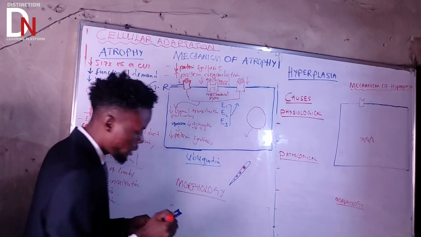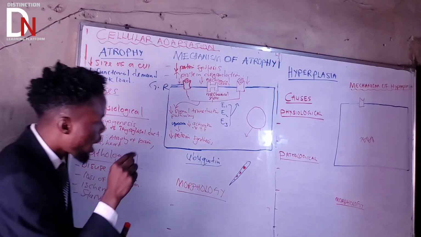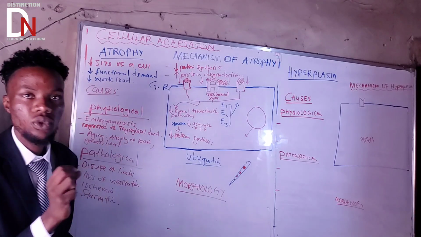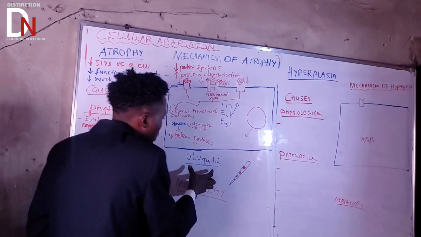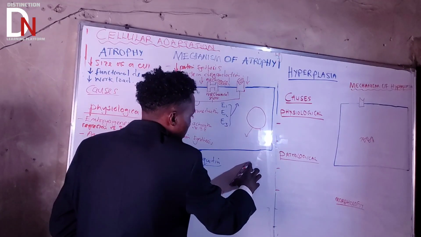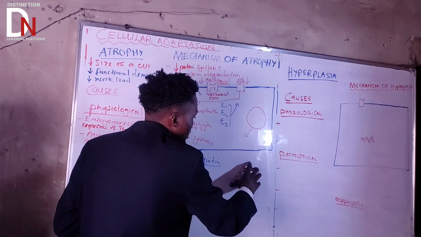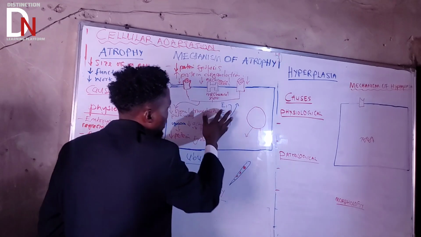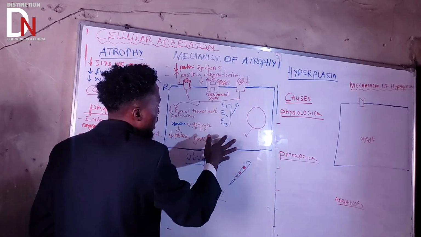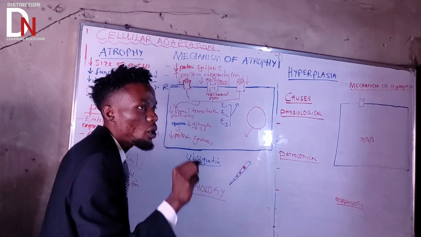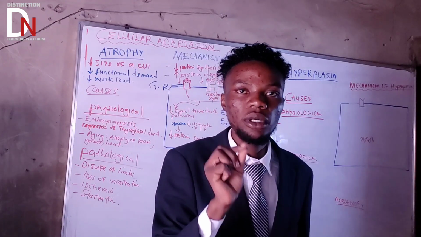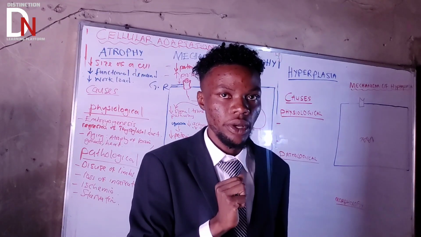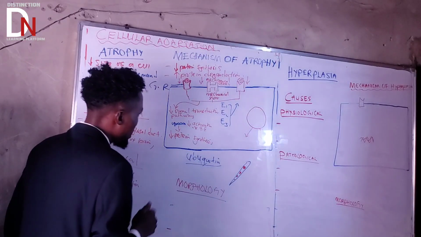If this red substance, ubiquitin, has to go to the protein that needs to be degraded, the question is, how does ubiquitin find itself on the protein that needs to be degraded? It's because of the help of these three enzymes. These three enzymes help to transfer ubiquitin to the protein that has to be degraded.